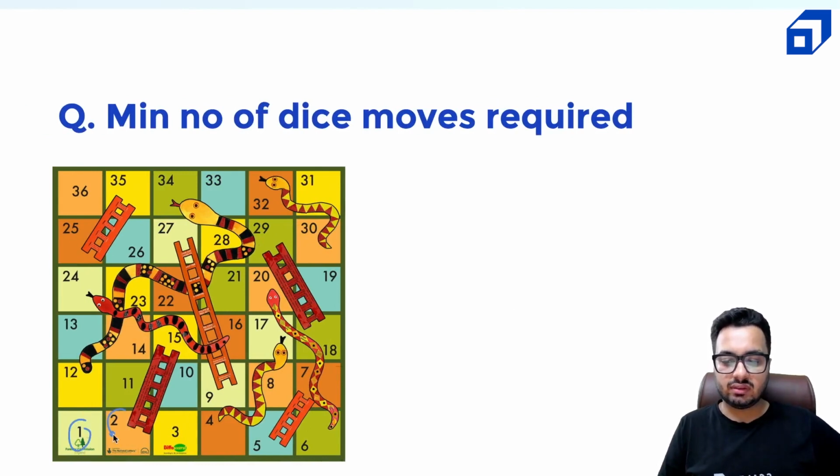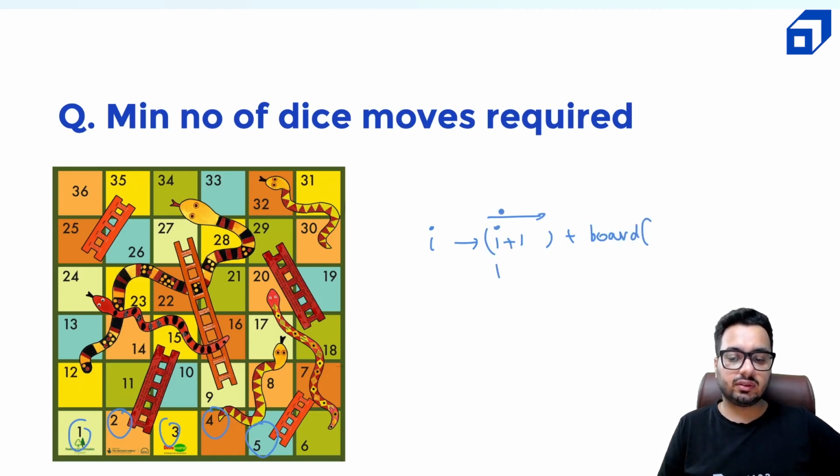You need to go to every vertex and create the next 6 edges that will start from that vertex. For example, if I start from i, I can go to i plus 1 plus board of this position that you have reached. If you do 5 plus, let's say, 4, you reach 9, but 9 is not the end position.